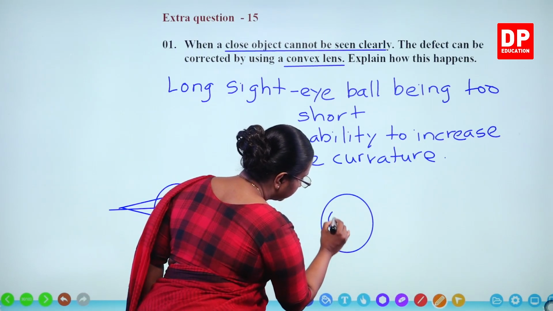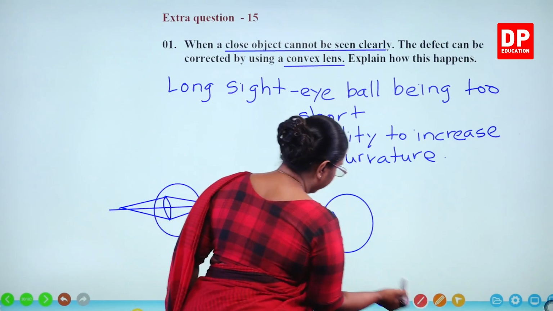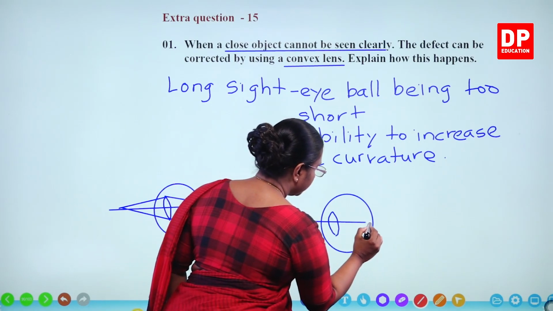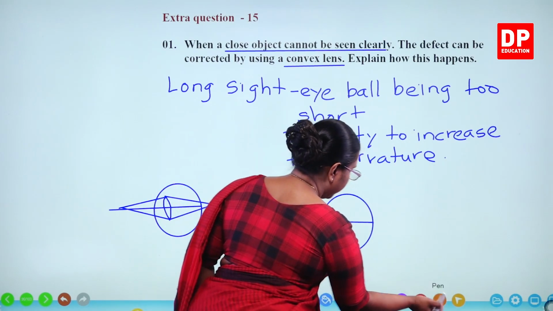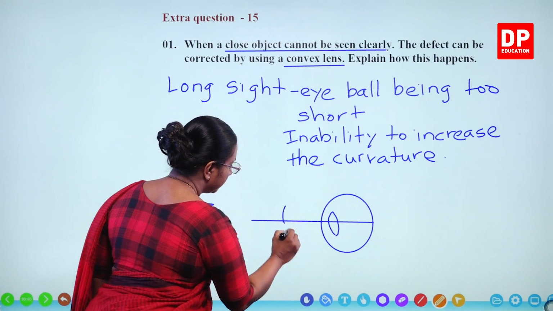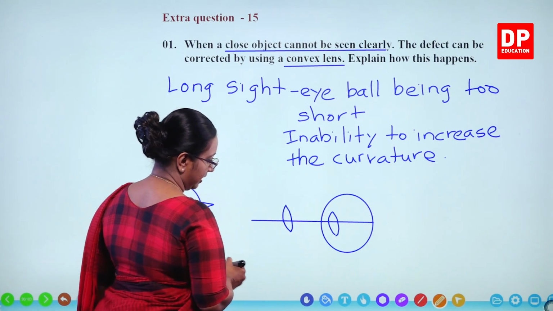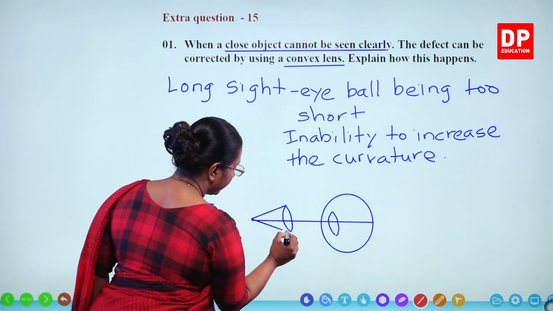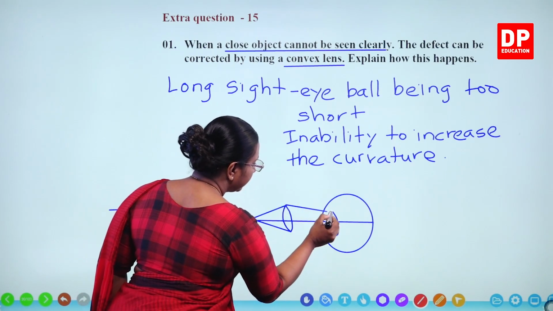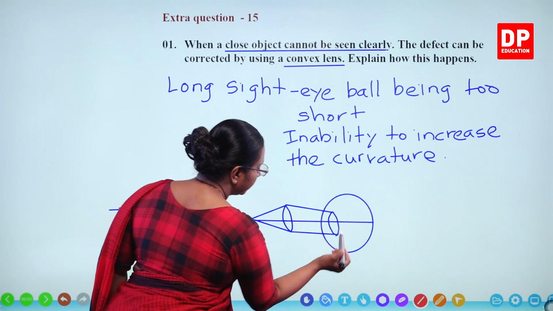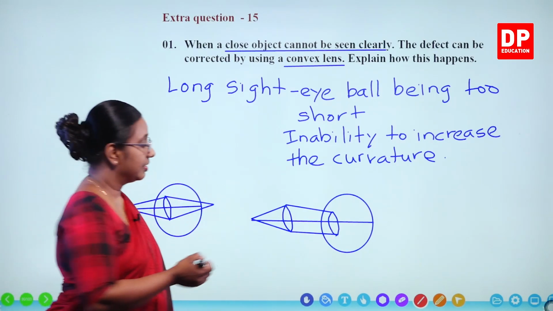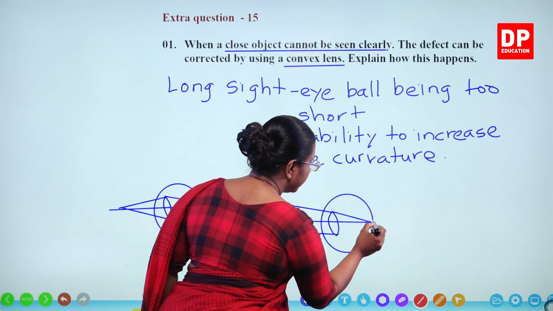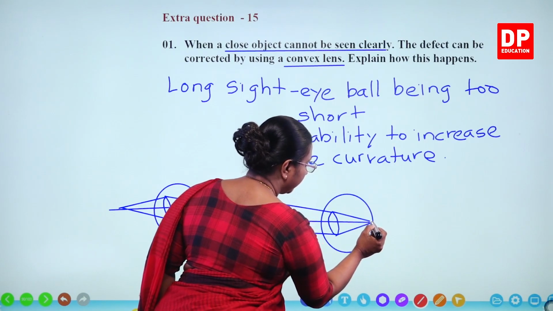This is the lens of the eye. So, here we use a biconvex lens. The rays that are coming as divergent rays get converged onto the eye lens so that the image forms on the retina.